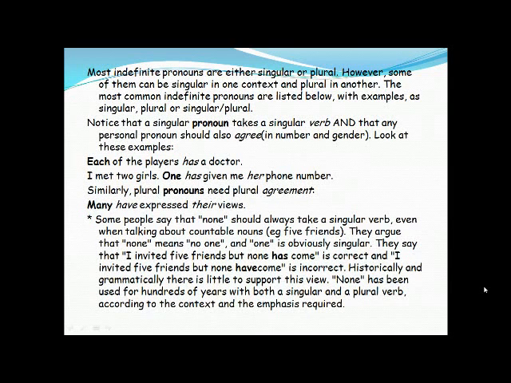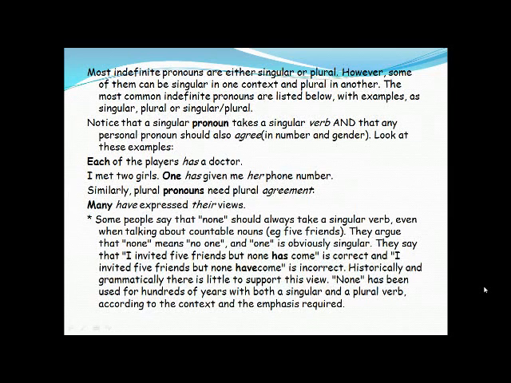Similarly, plural pronouns need plural agreement. Many have expressed their views. Some people say that none should always take a singular verb, even when talking about countable nouns, for example five friends. They argue that none means no one, and one is obviously singular.